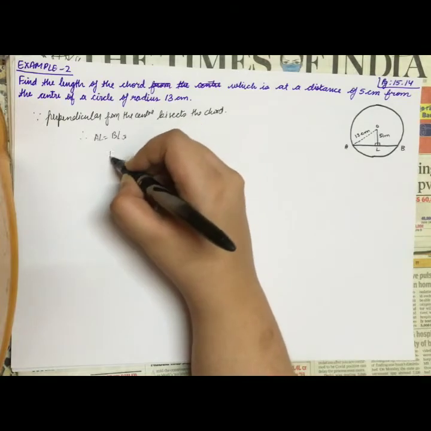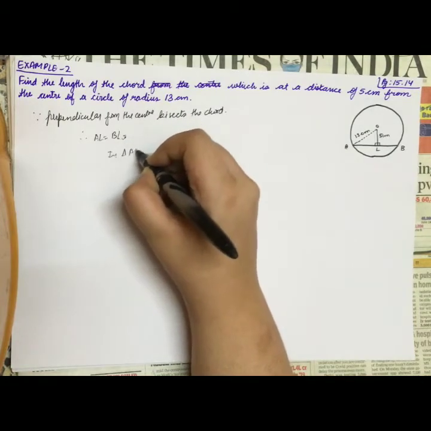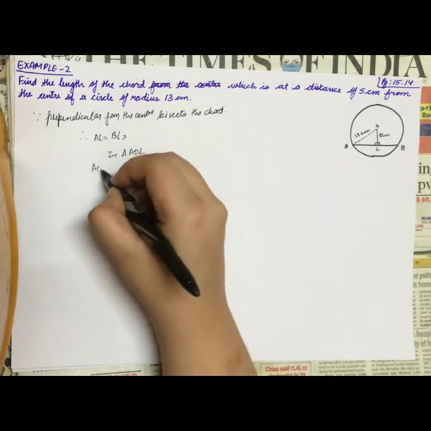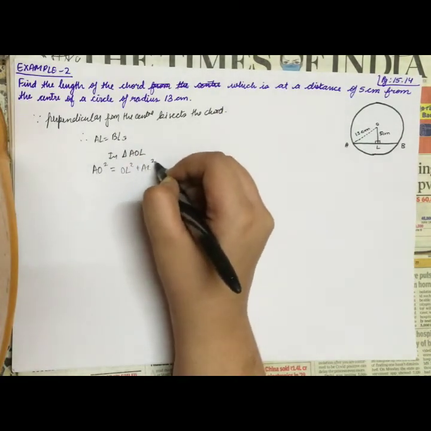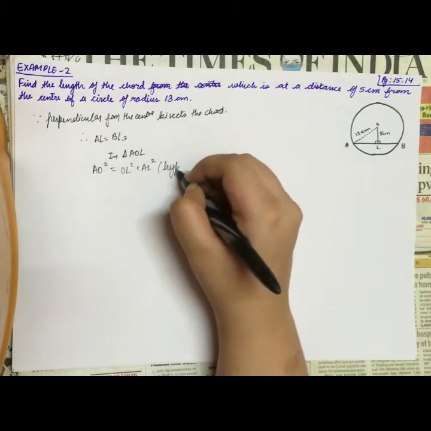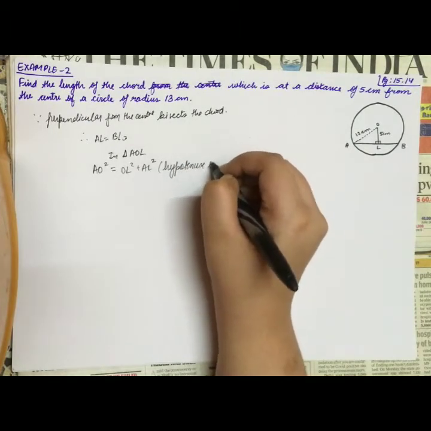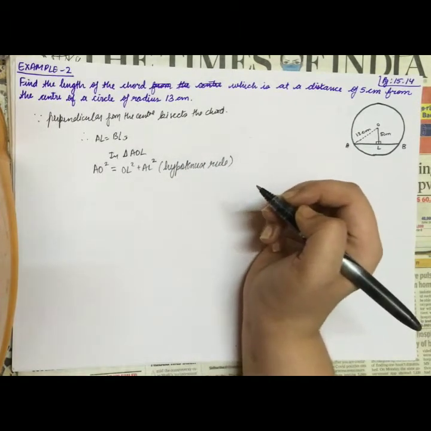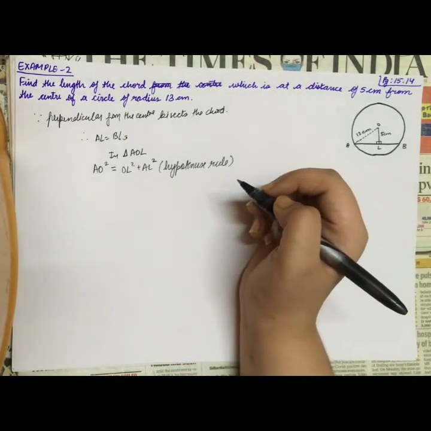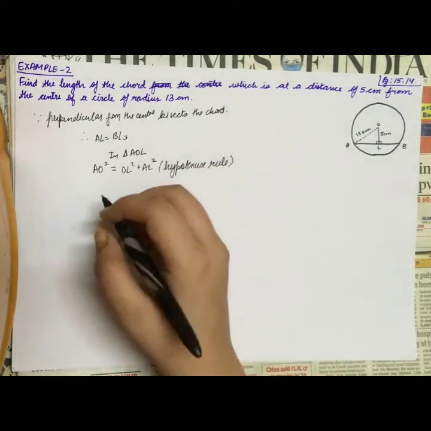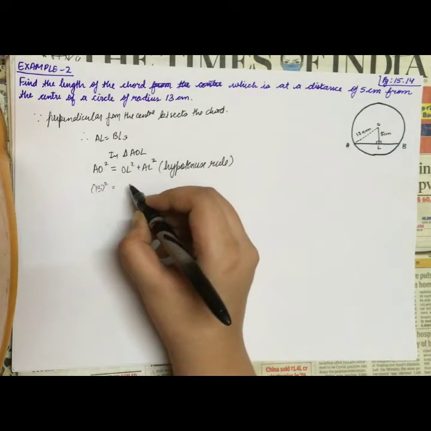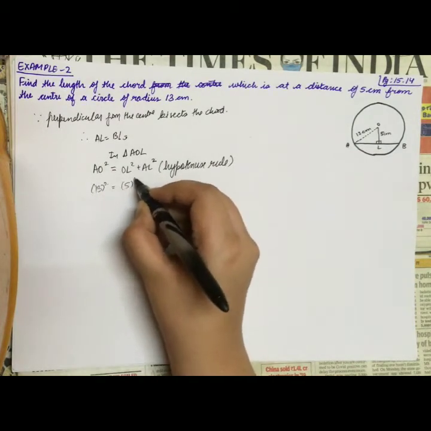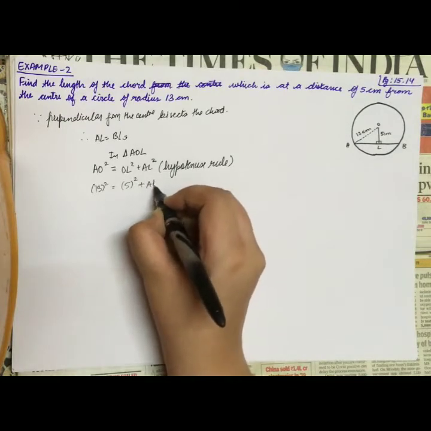Now in triangle AOL, AO square will be equal to OL square plus AL square because of the hypotenuse rule. Now we'll put the values. 13 square. Now OL is given as 5 square and AL will be written as it is.